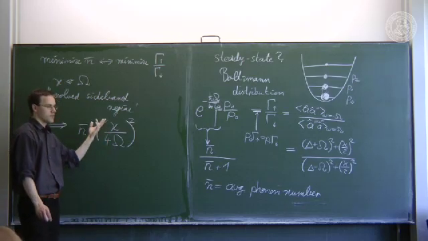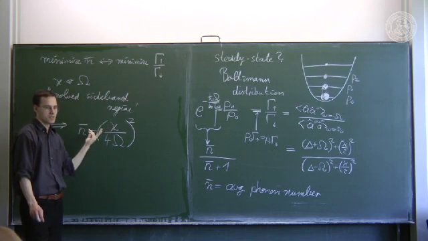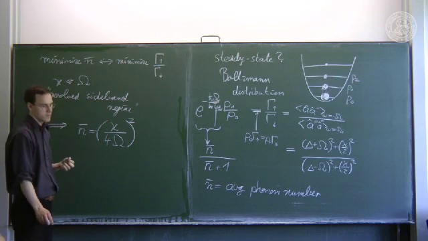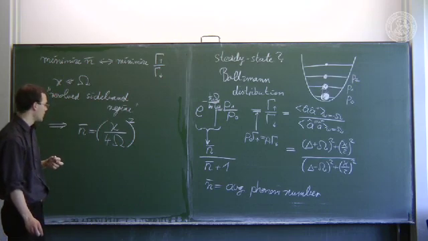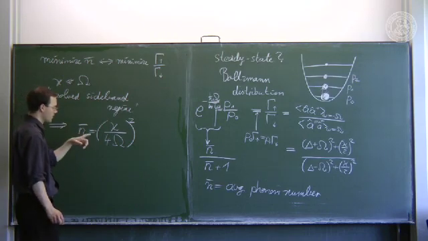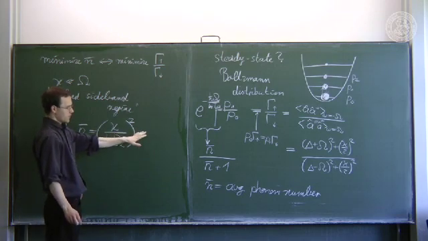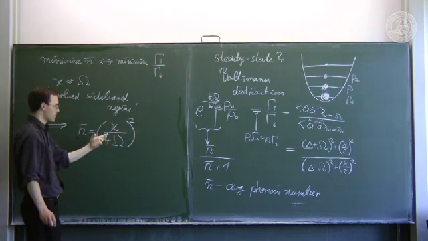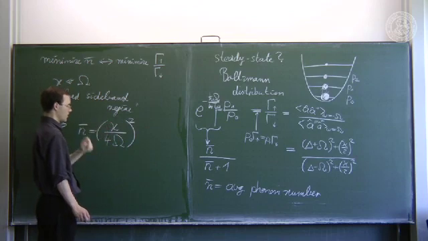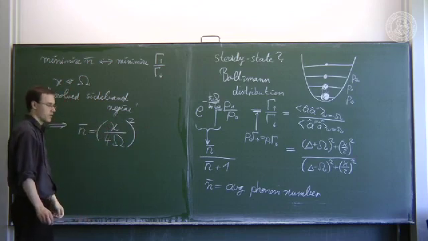Everything that enters is the ratio between the cavity decay rate and the frequency. And in order to make this really much smaller than 1, so to go to the ground state, you want kappa sufficiently smaller than omega.